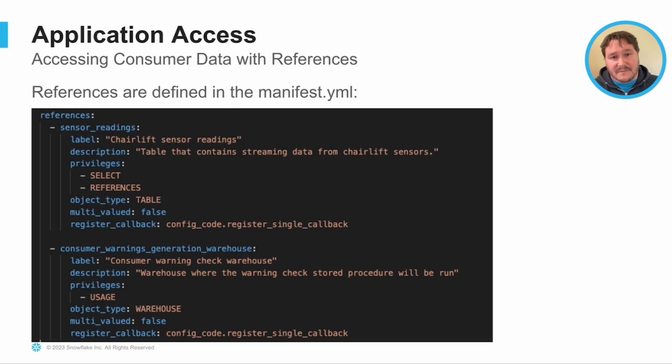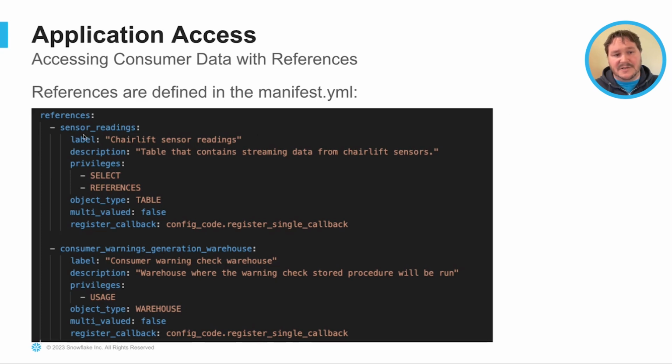Now, the next thing we want to go through, of course, is references. And there are multiple steps to working with references. The first thing you need to do as a provider is define the list of references that your application will need in the consumer's account. There are multiple references as part of the Chairlift app, and I've only selected two of them here to show off. You can see here we have a reference defined called sensor readings.